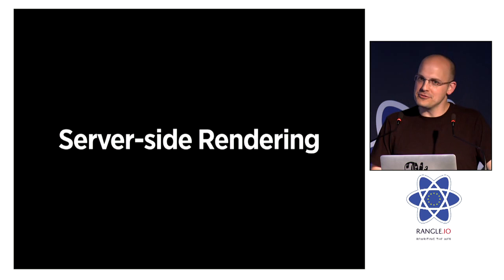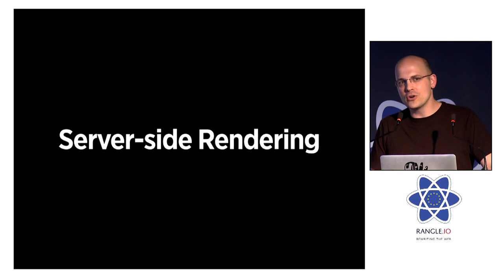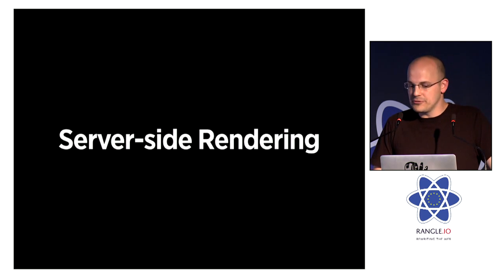Those of you who are doing server-side rendering with 0.13, I salute you. You are true pioneers. With 1.0, it becomes a lot easier, because the only thing that you actually need to pass in is your location. So as your location comes in through your HTTP server, you give it to the router, and the router figures it out from there.